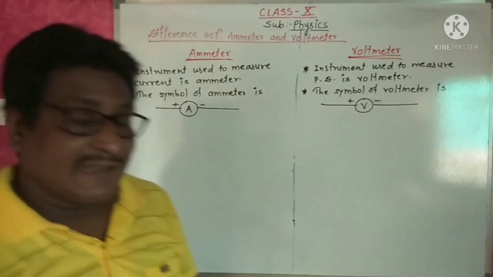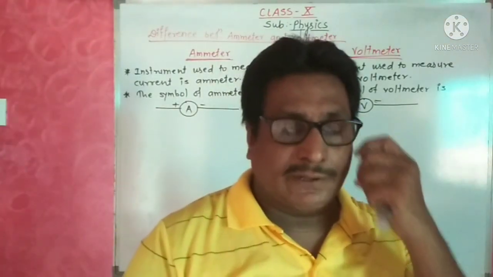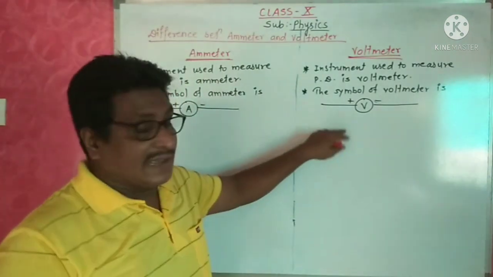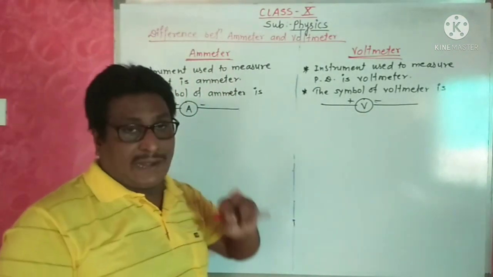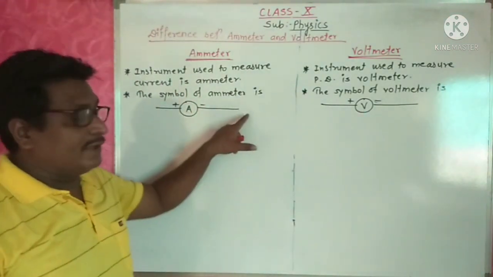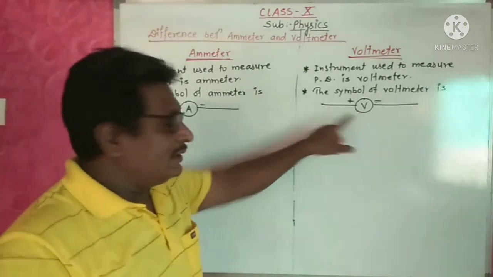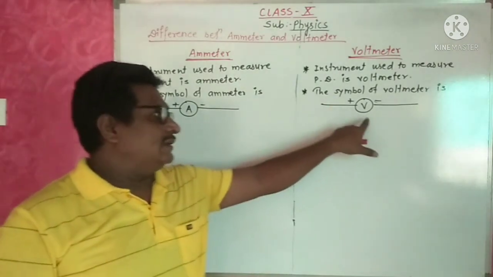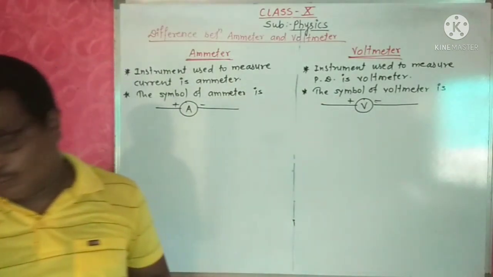So in the circuit diagram, whatever diagrams we are drawing, those diagrams we call circuit diagram. So in the circuit diagram, to show voltmeter and ammeter, whatever symbol we are using, those symbols are like this. In a circle A means ammeter, in a circle V means it is voltmeter.